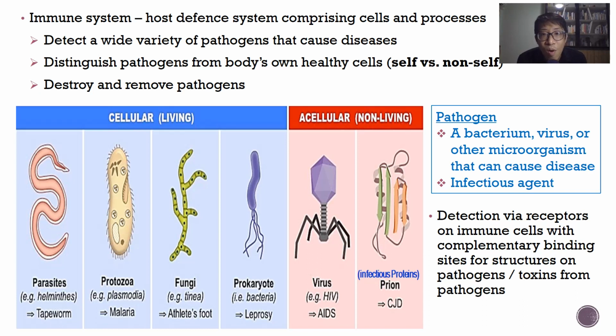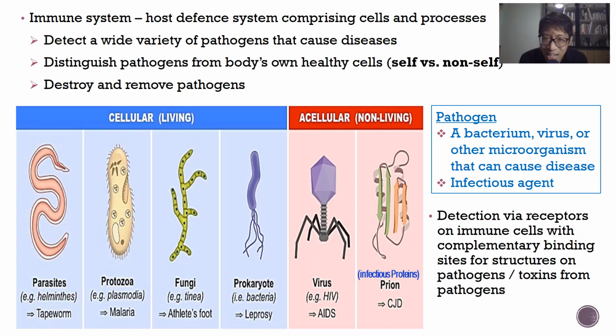So for pathogens, there are many different kinds. We'll focus more on bacteria and viruses, since these are 2 things that we have learned in our syllabus. But there are others. We have the protozoan. An example would be the Plasmodium protozoan that causes malaria. We touched on it when we talked about the mosquito-borne diseases.